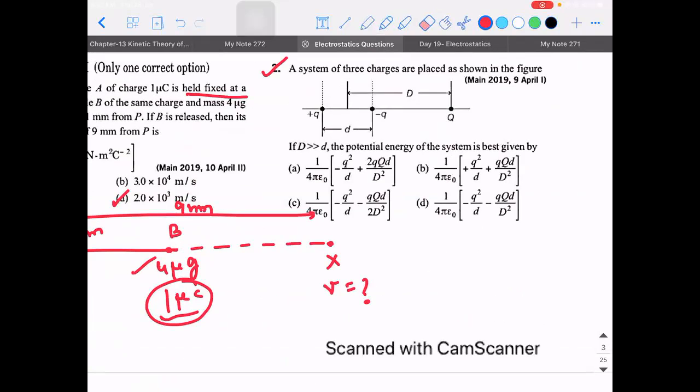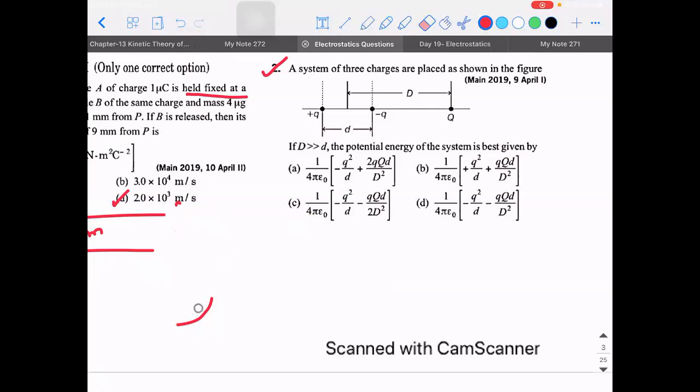Will you guys try? So what is the formula for potential energy between two charges? K Q1 Q2 divided by the distance of separation between them. So try it out. So 1, 2, and 3.